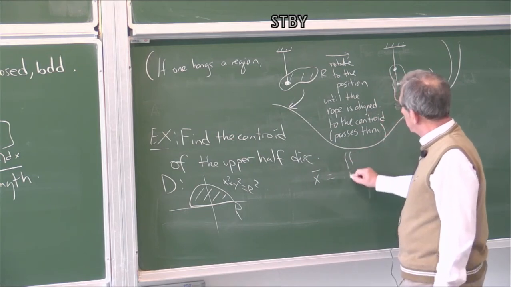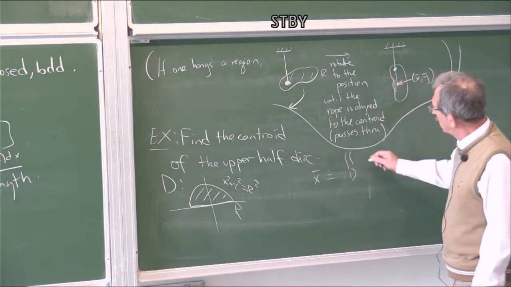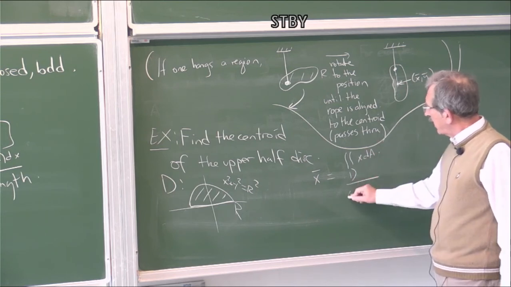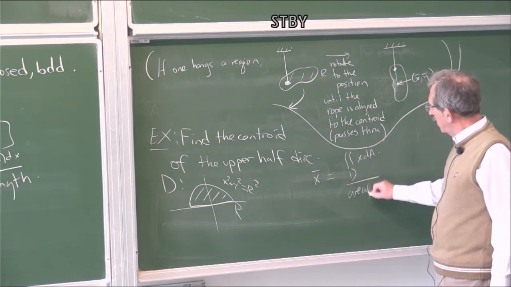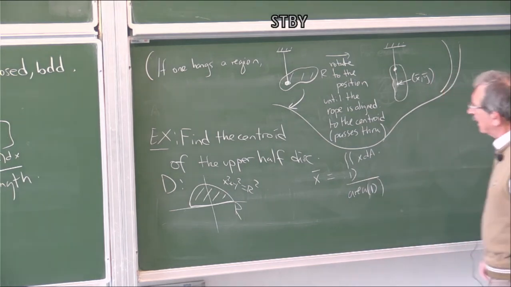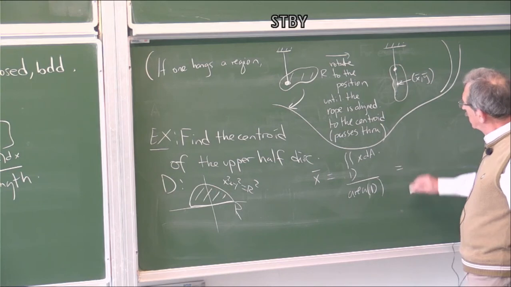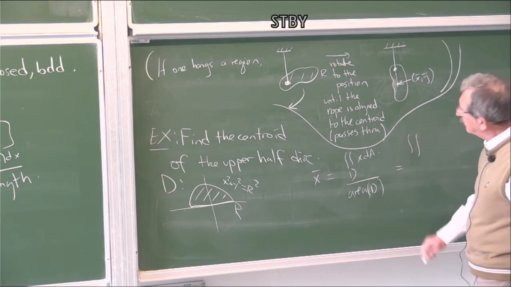That's the double integral over D of x dA over area of D. The integral is, of course, an iterated integral.